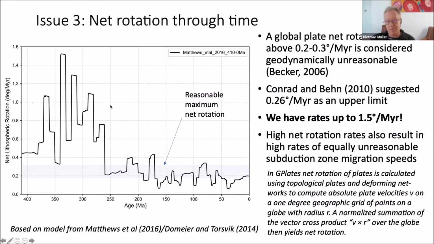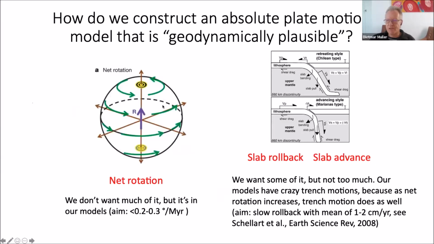Now, this is a problem because it's geodynamically implausible, and essentially it makes it impossible to build sensible plate mantle models using this approach. So how do we go about constructing an absolute plate motion model that is geodynamically plausible, right? Okay, net rotation, well, we don't want much of it, even though it's in our models. We want to aim for something less than 0.2 to 0.3 degrees per million years.